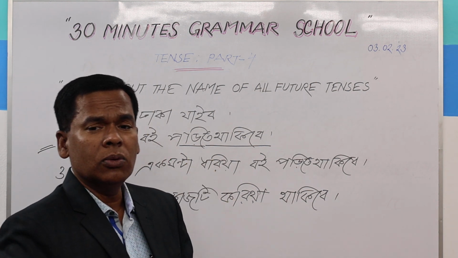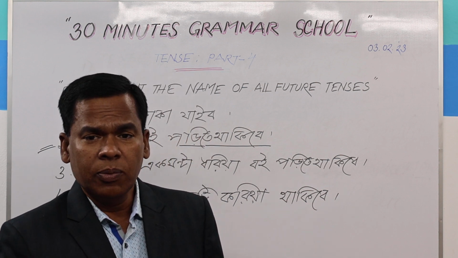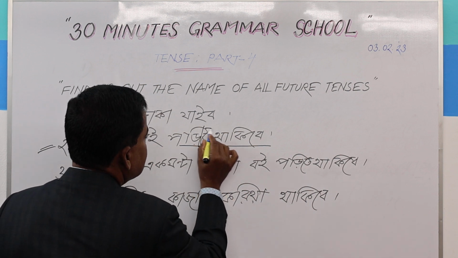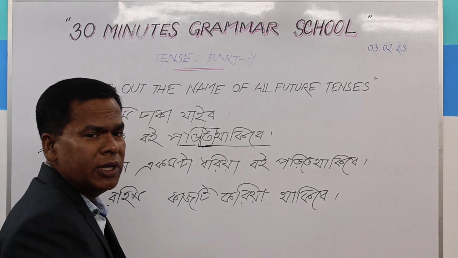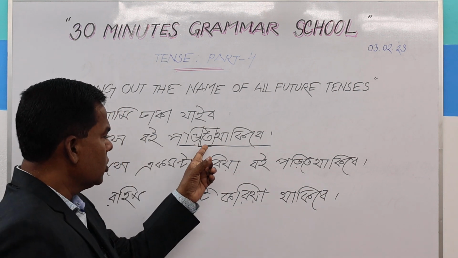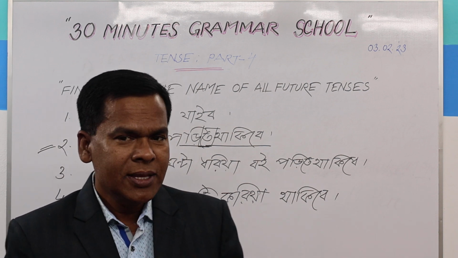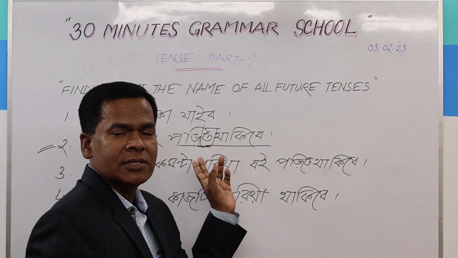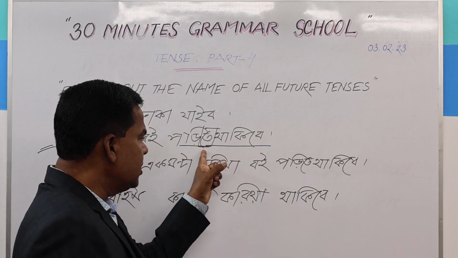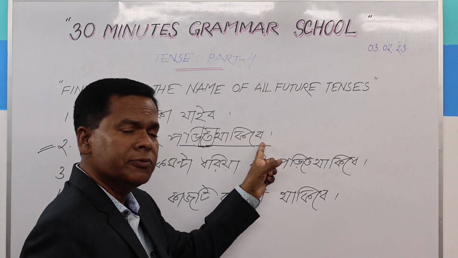If I ask you what symbol we are finding here? Of course, toy karete. Look, boys and girls and audiences, here toy karete has been used, isn't it? So te, we know te is the symbol of continuous tense. So it is continuous tense, correct? And last of all we are finding bo, that means it is future tense.